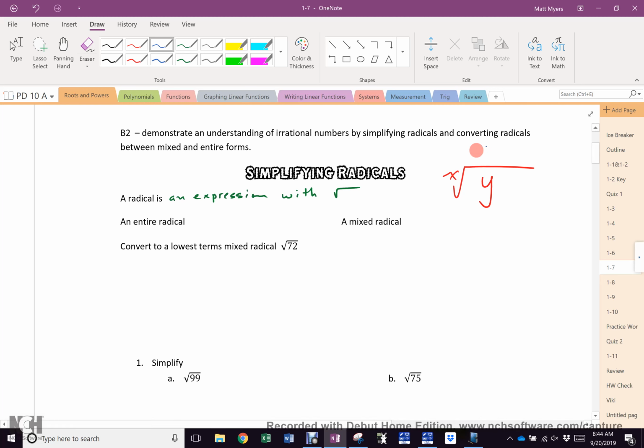The X is what? Index. And the Y, who remembers? Maybe I didn't say it to this class because I'm teaching this to everybody right now, is what we call a radicand.